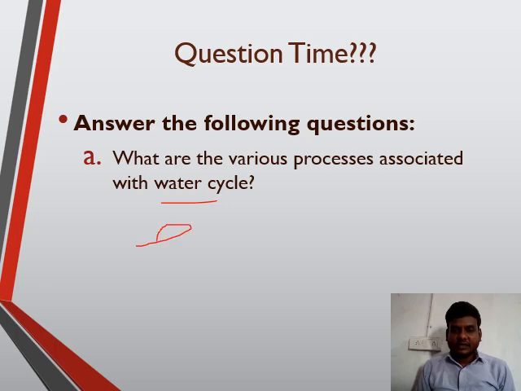First one, evaporation. Second one, condensation. Third one, precipitation. Fourth one, collection. These are the four major processes: evaporation, condensation, precipitation, and collection.